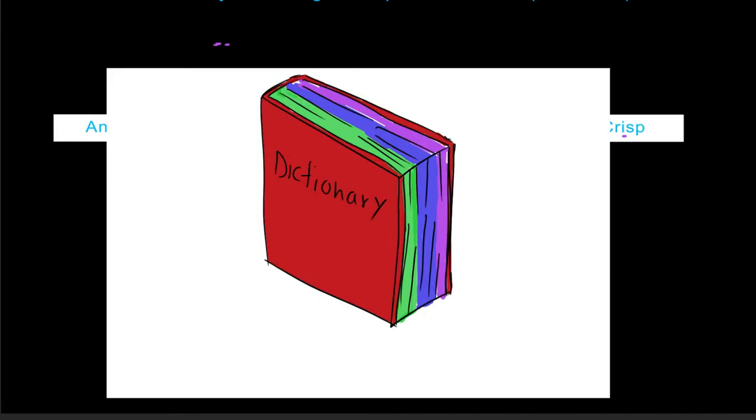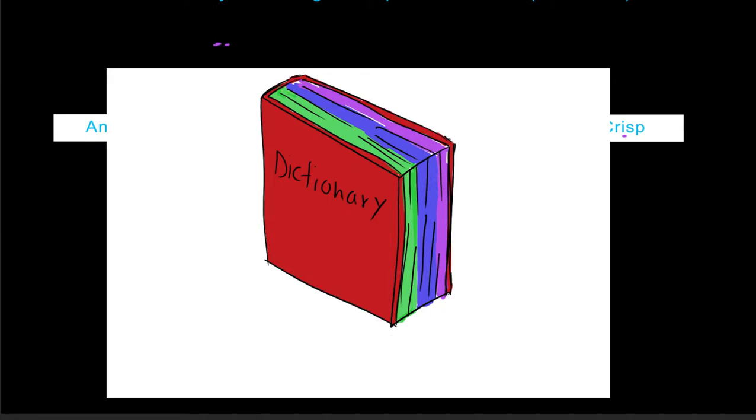All right. So right here, I have a drawing of a dictionary. And an easy way to look for words in a dictionary book is to divide up a dictionary into thirds. So this green part is the first third, here's the second third, and here's the third third here.